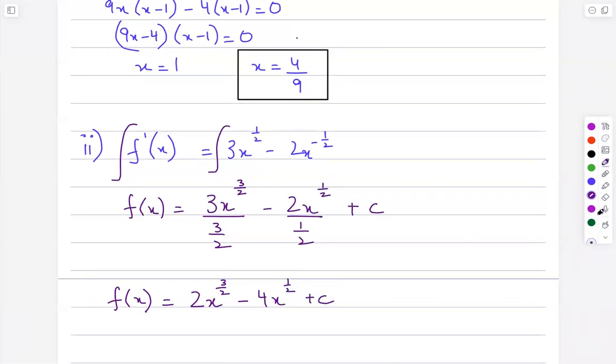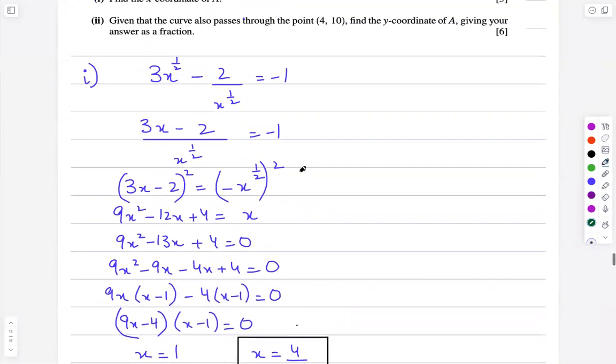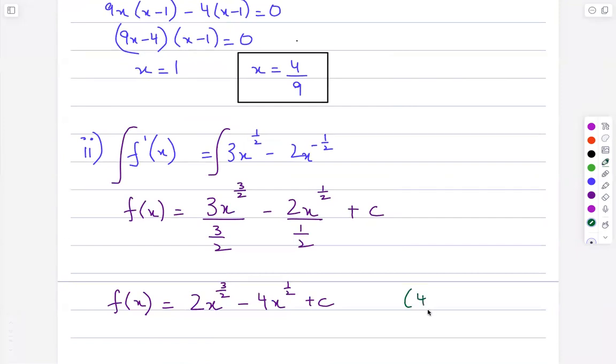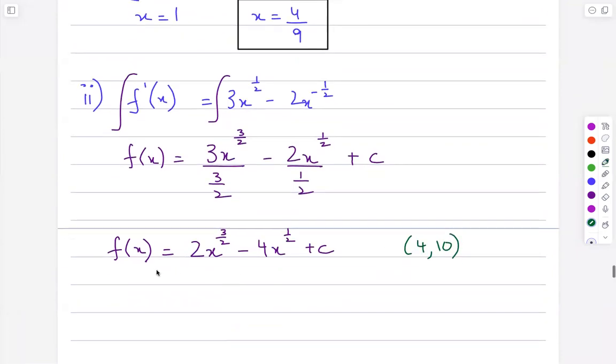Now to find the value of c, it says that the curve passes through the point 4, 10. As the curve passes through 4, 10, we can write 10 in place of f of x, and this will be 2 into 4 to the power 3 upon 2 minus 4 into 4 to the power 1 upon 2 plus c.